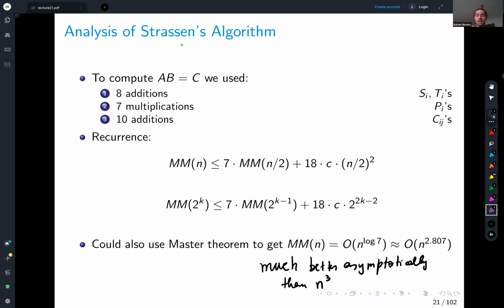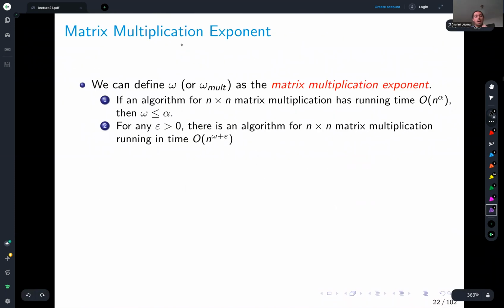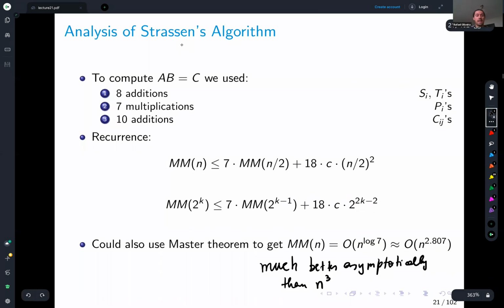So, all right, then the question became, okay, now we know that the time it takes to multiply two matrices is somewhere between n squared and n cubed, but it's definitely not n cubed. It's upper bounded by n to the 2.807.